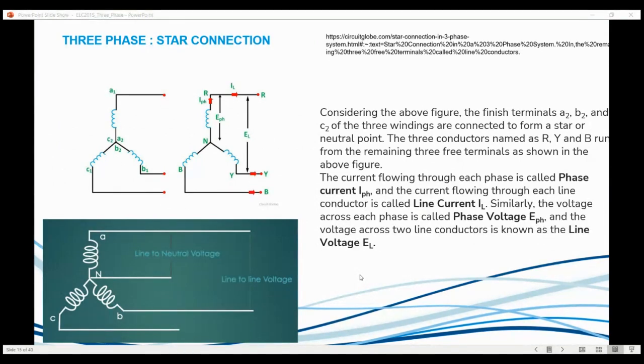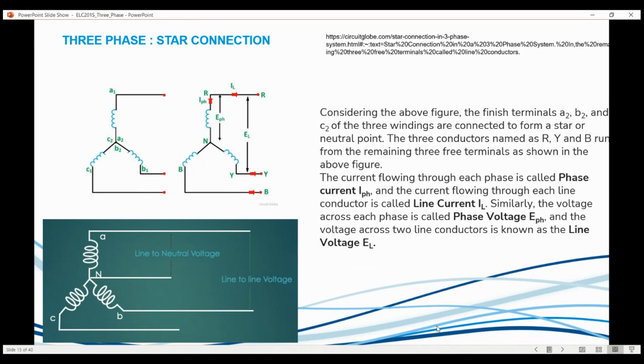Any experience with star and delta with the three-phase configurations? Zimkita, do you have any experience? Mr. Priyat, Sasha? Okay, doesn't seem like anyone has.